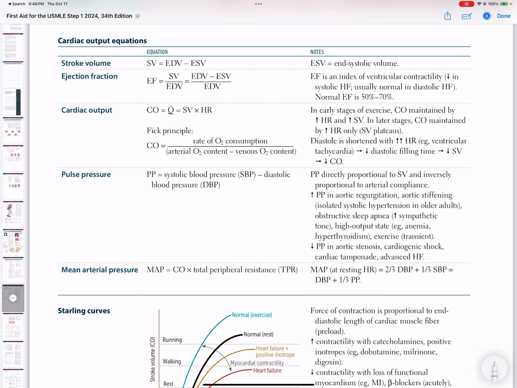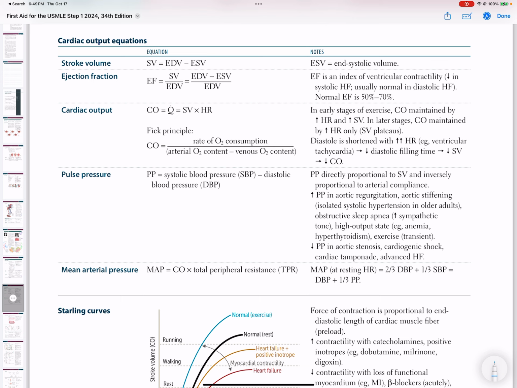Then we have cardiac output. Cardiac output is Q, that is stroke volume times heart rate. How much is the heart pumping? So in every minute, heart rate times the stroke volume.